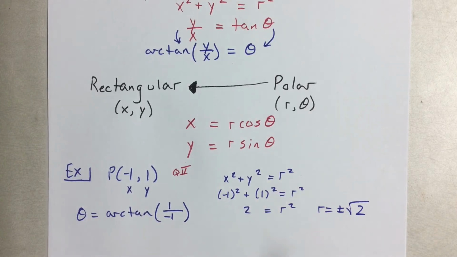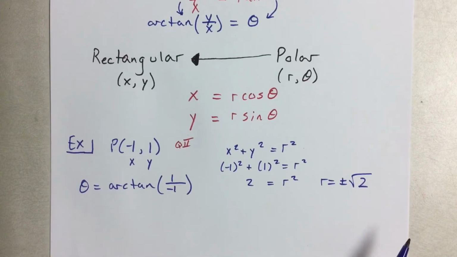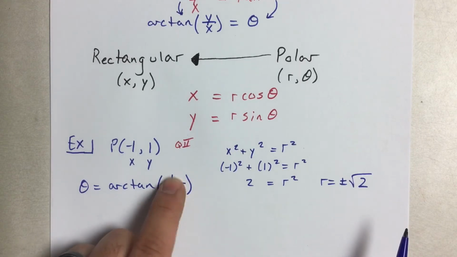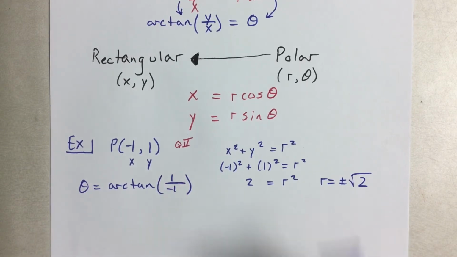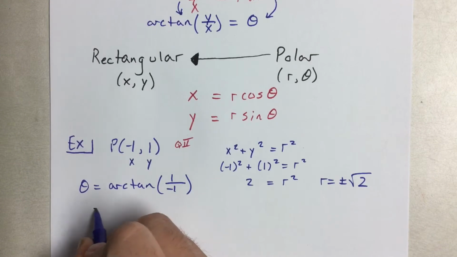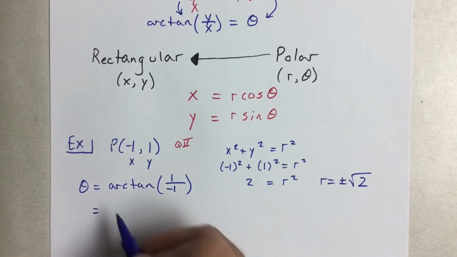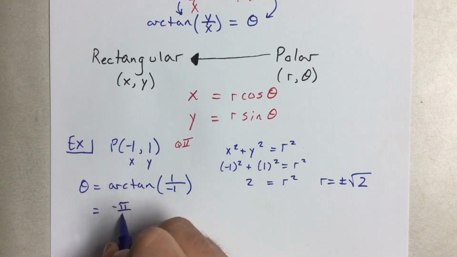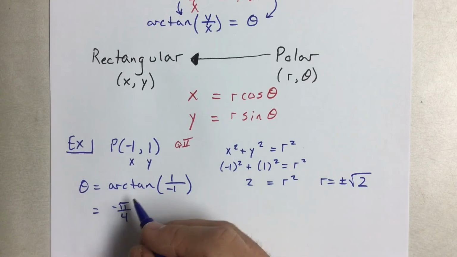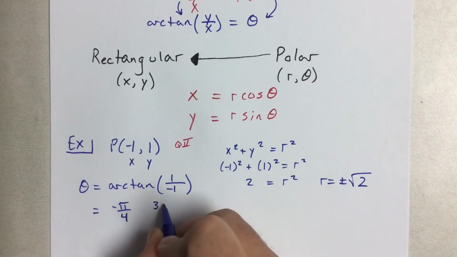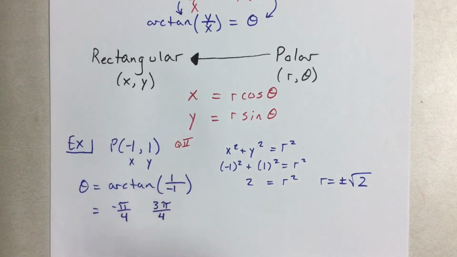Okay, so knowing our unit circle, we know that arctangent of really -1, that's what this comes out to. Arctangent of -1 is exactly -pi/4, and then 3pi/4. And I might have shocked you here saying -pi/4, where you have to remember the range of arctangent.